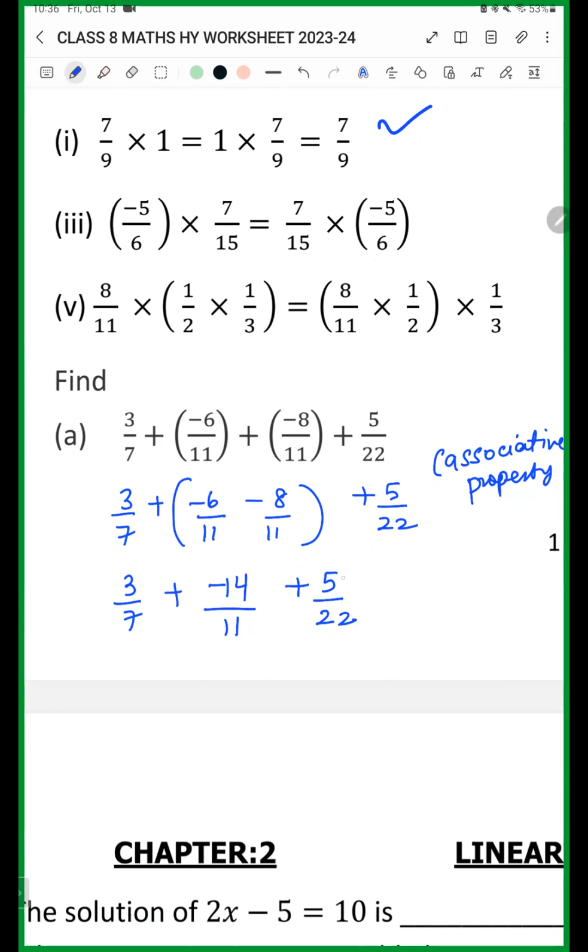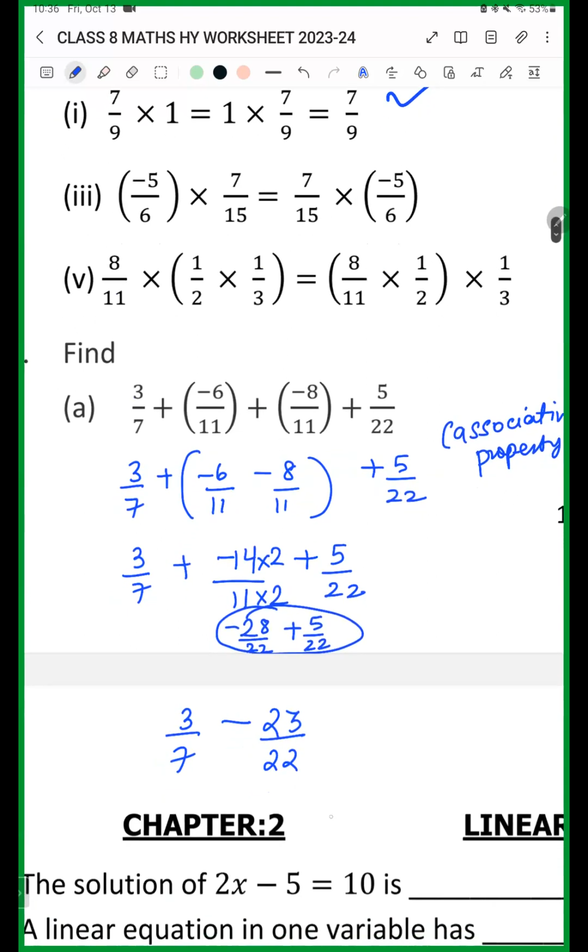Okay, then I can do this. You can multiply this with 2 upar and niche. So this will become minus 28 by 22. And this is plus 5 by 22. So this entire thing becomes minus 23 by 22. So 3 by 7 minus 23 by 22.